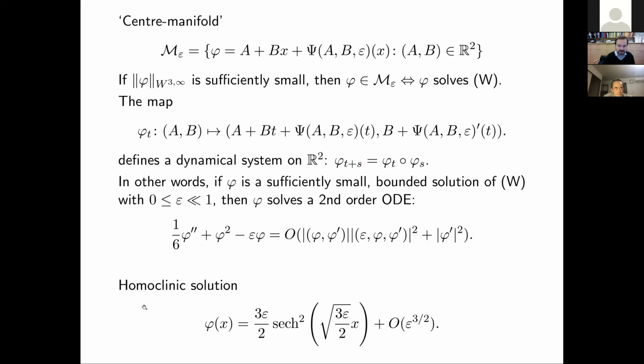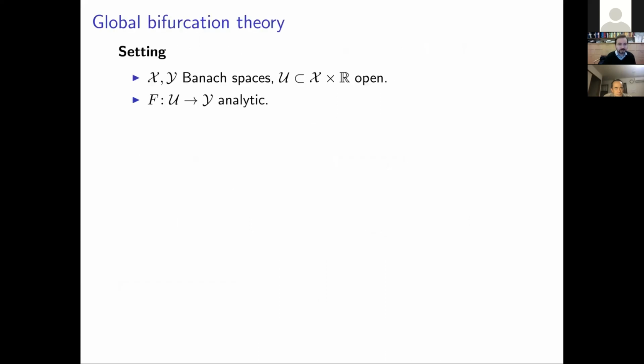So this gives us, for small amplitudes, a solution, a perturbation of the famous KdV sech-squared solution, which is then also a solution to the Whitham equation. Okay, so that was the local theory.